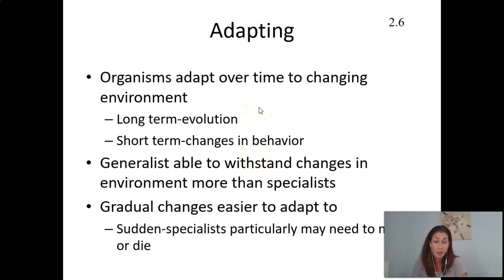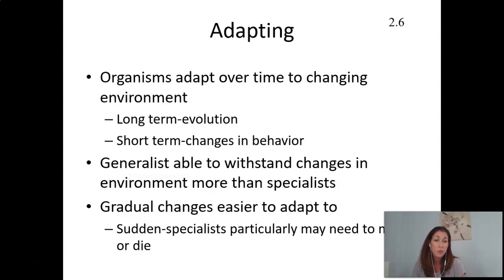Now, one of the things that animals can do to combat our changing environment is adapting. So organisms do have to adapt to change over time. So long term, we call this evolution. The biggest thing that drives evolution is natural selection. But for short term, there can be changes in behavior, particularly if it fits into that range of tolerance that they're able to support. So our generalists are going to be able to withstand changes in the environment much more easily than our specialists.